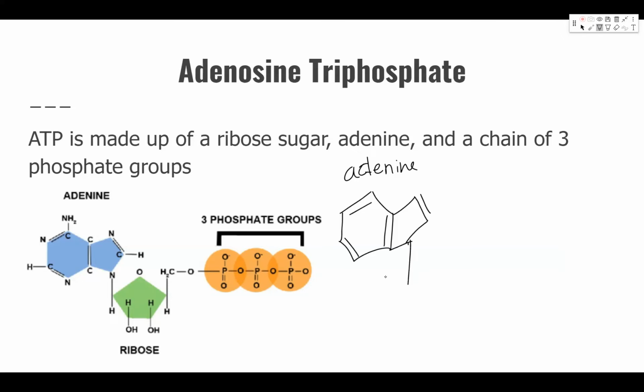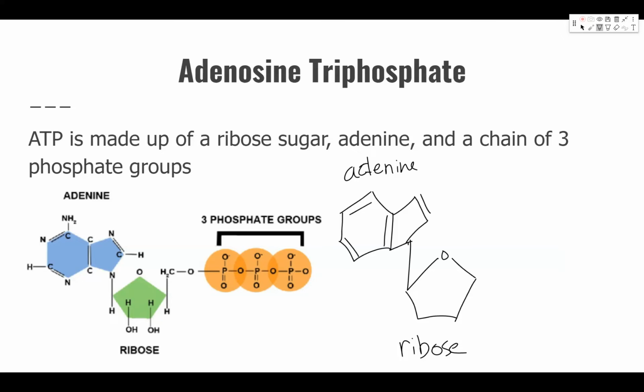So, coming off of this, we've got a little pentagon. This is our ribose sugar. That's looking a heck of a lot like a nucleotide. When we talk about nucleotides in DNA, we'll talk about how we form these connections, why this is so stable. Okay, we'll get into it.